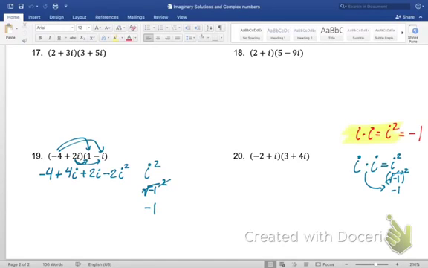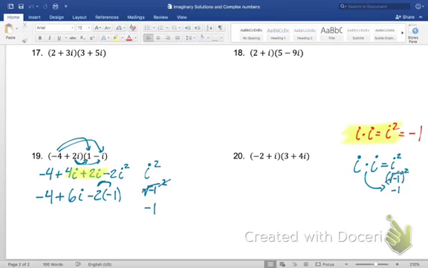So I'm going to rewrite this whole thing, and I'm going to combine the terms that I can. I have -4, and combining these two terms, 4 plus 2 gives 6i, minus 2, and instead of writing i squared, I'm going to put parentheses, -1.